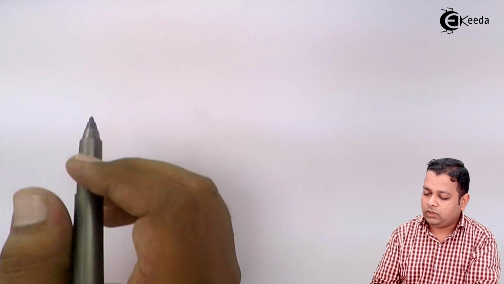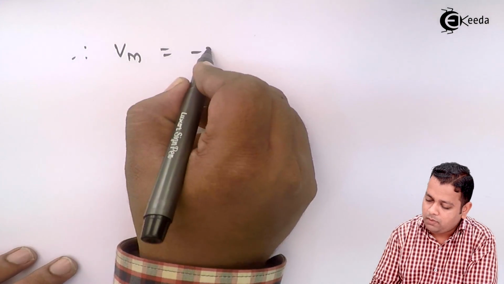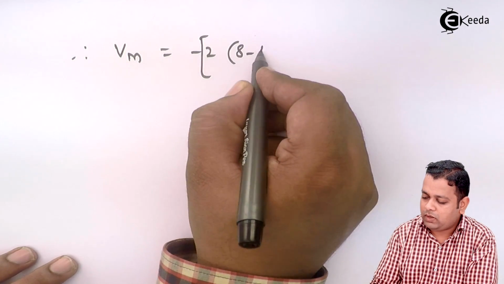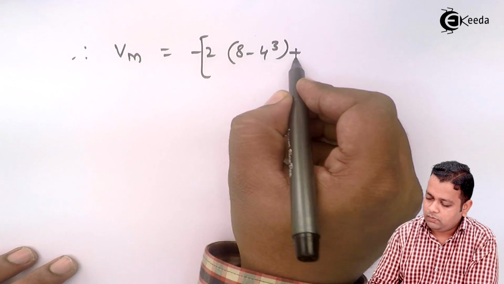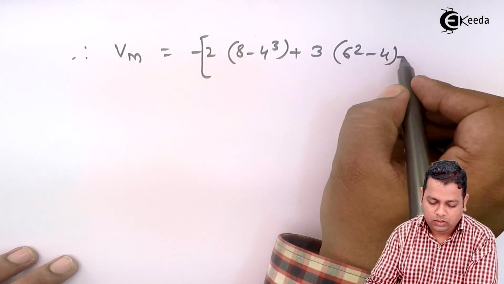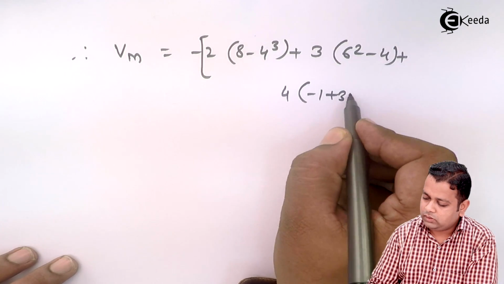Now Vm will be equal to minus 2 in bracket 8 minus 4 cube plus 3 6 square minus 4 plus 4 into minus 1 plus 35.